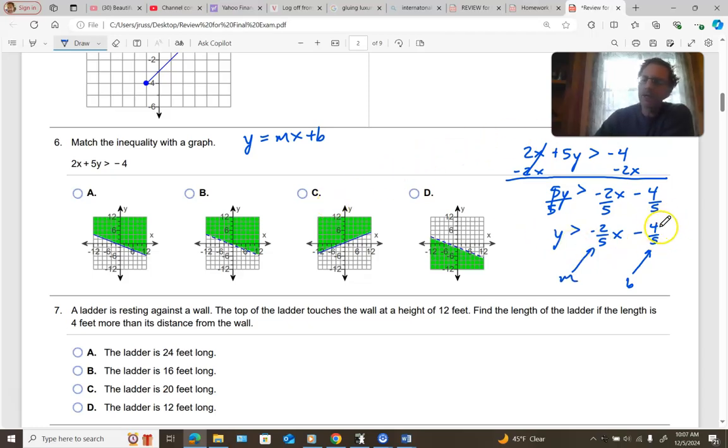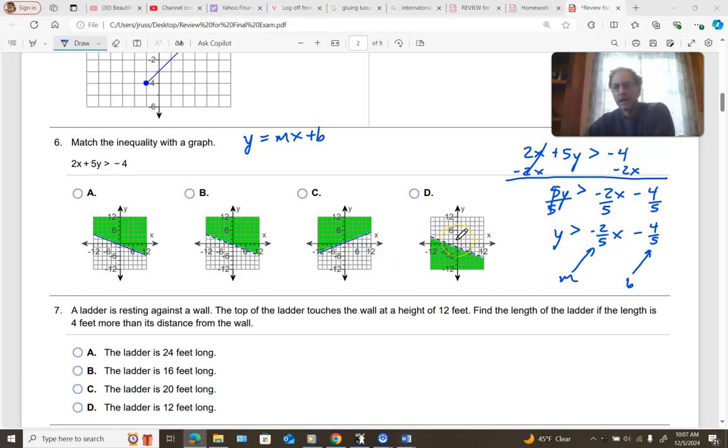Alright, so remember, your y-intercept is right here at -4/5, and m represents your slope. So guys, negative 4/5 is the same as negative 0.8. So this is going to cross the y-axis close to negative 1. So it cannot be C. I don't think it can be B, nor do I think it can be A, just by looking. And notice, I can't actually zoom in on any of these, but you guys will be able to.